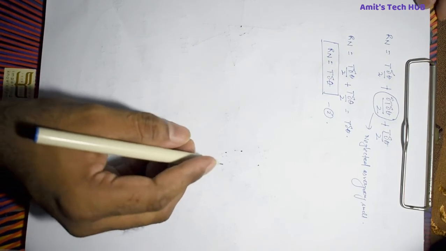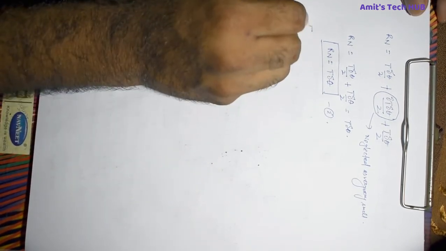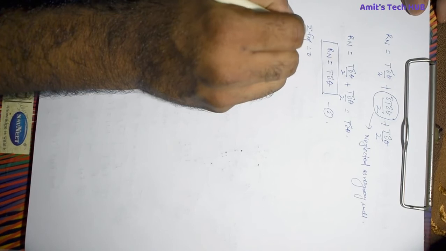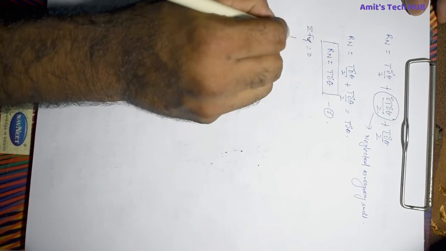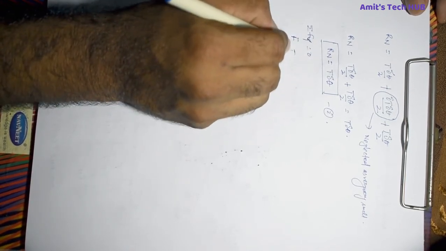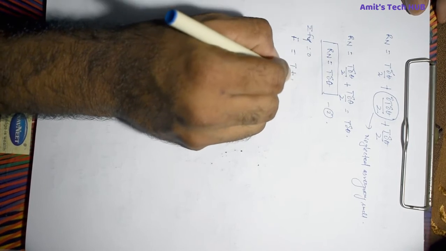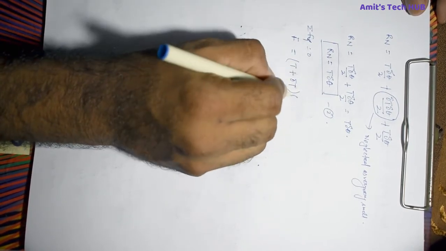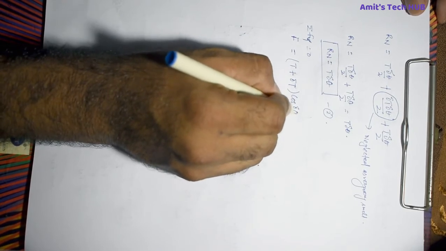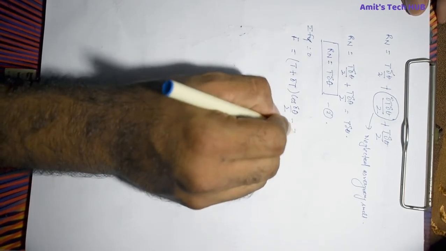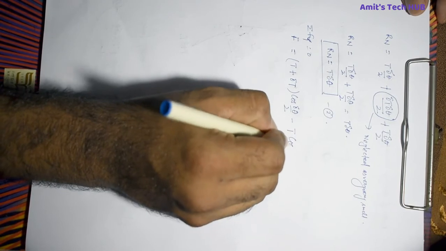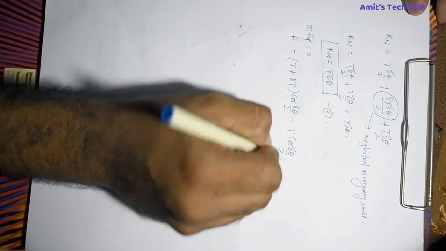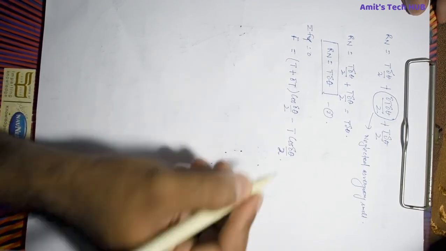In a similar manner, if we again consider the figure, we can write summation of Fy is equal to 0. So we can write F is equal to T plus del T cos del theta by 2 minus T cos del theta by 2. Just refer to the figure in order to understand this. I am again repeating this one.